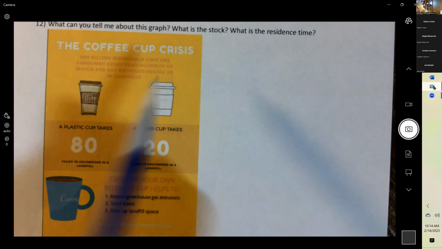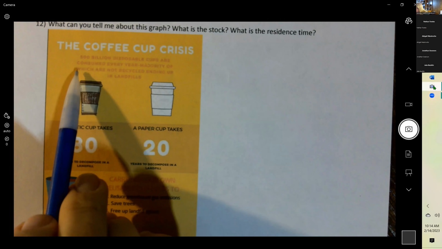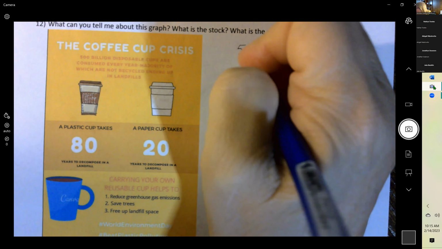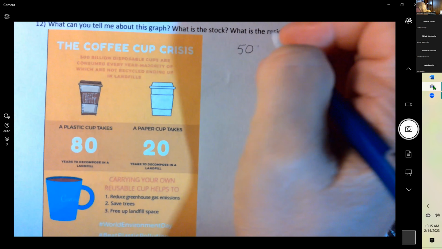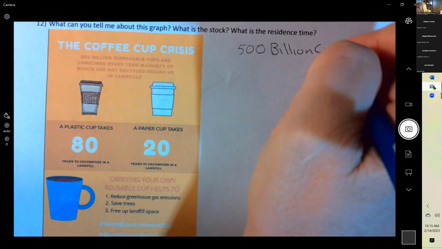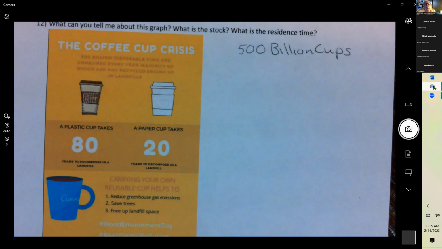So it says the coffee cup crisis. 500 billion disposable cups are consumed every year, the majority of which are not recycled, ending up in a landfill.